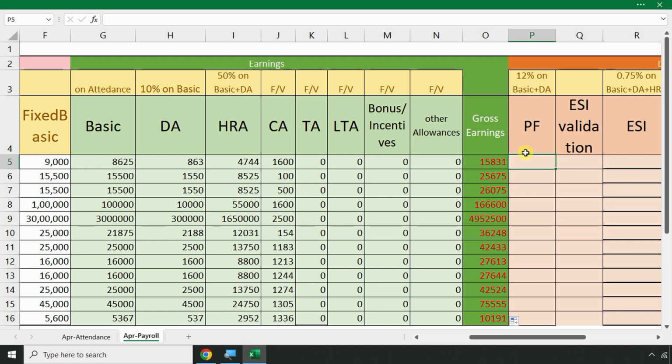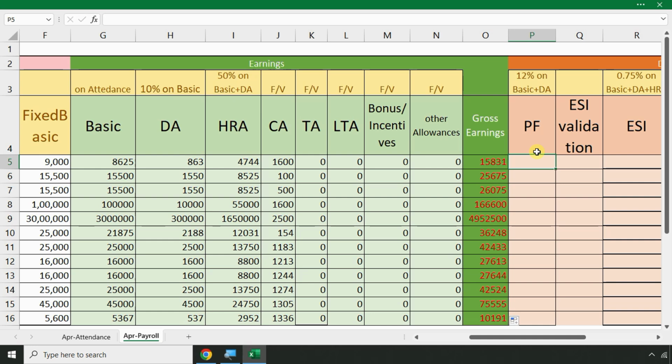It is a central government scheme. Every employee, after retirement at the age of 58, will get a lump sum amount from this PF account, and at the same time they also get a monthly pension, the Employee Pension Scheme, EPS.